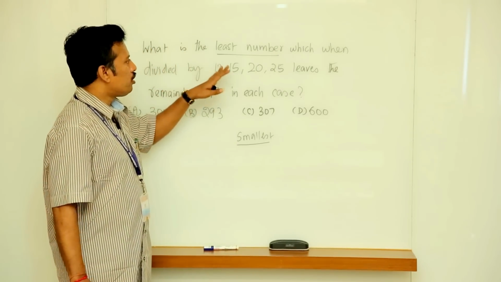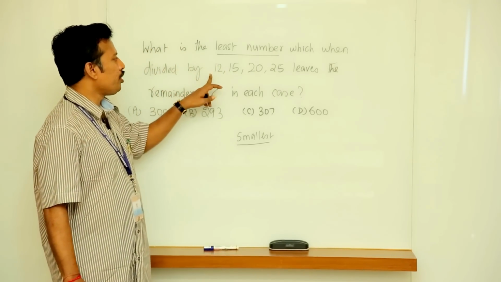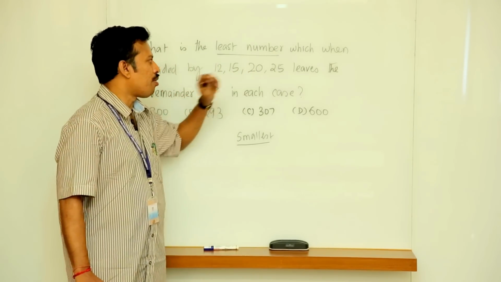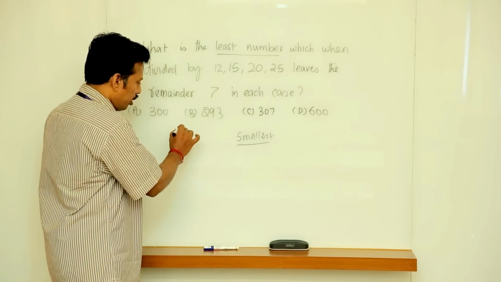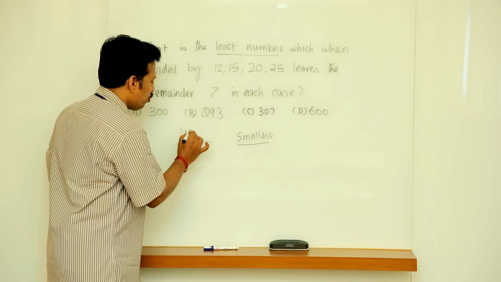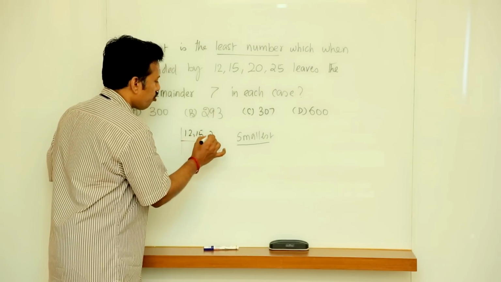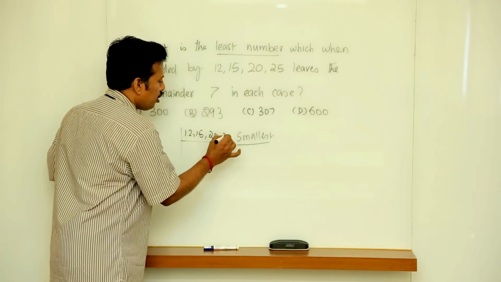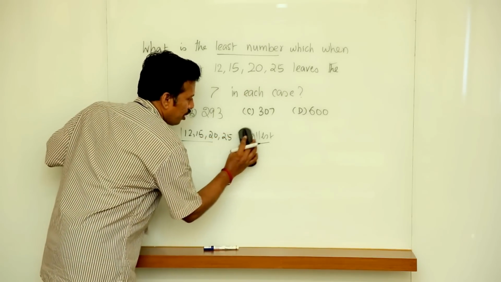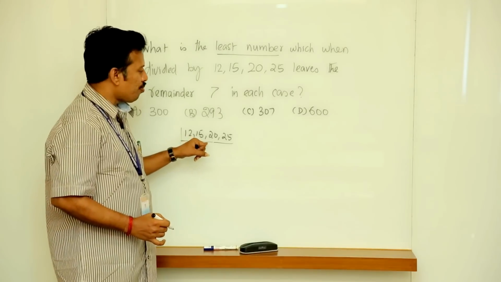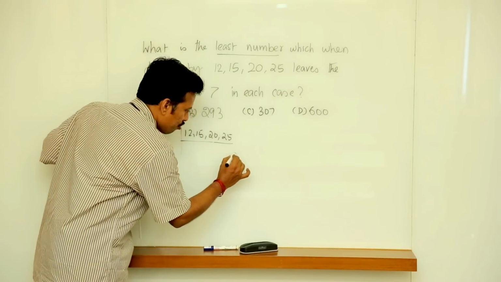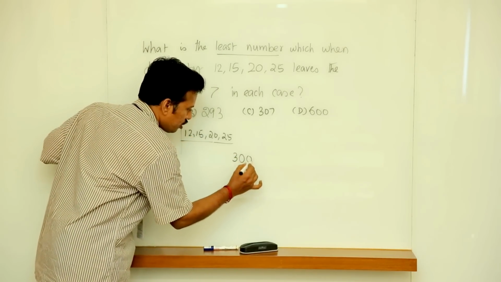First we need to find the LCM of the numbers 12, 15, 20, 25. As I said, using the L division method, you can find out the LCM of all these numbers just by selecting the respective divisors outside. When you find the LCM of these numbers, that comes to 300.